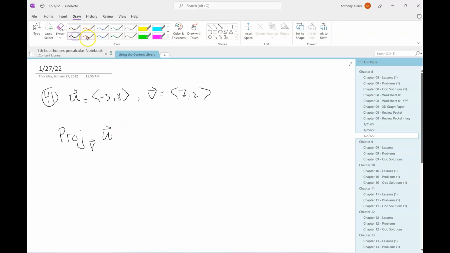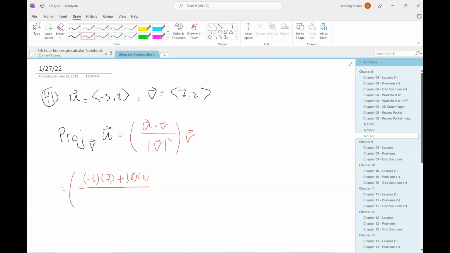So to do that, we're going to use our formula. The formula for a projection is the dot product of u and v divided by the magnitude of v squared times the vector v. The dot product of u and v is the product of the x's plus the product of the y's.